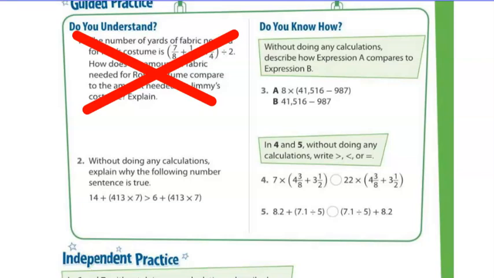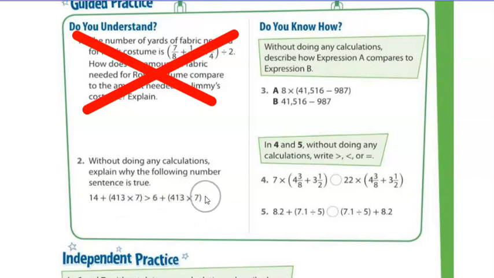Looking at this problem, we'll call this expression A and this expression B. So we have 14 plus 413 times 7, and that is going to be greater than 6 plus 413 times 7. We did problems similar to this in the past. I want you to focus on the parentheses portion, which is 413 times 7.